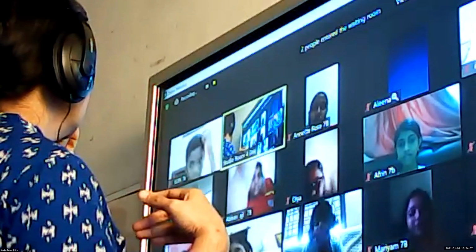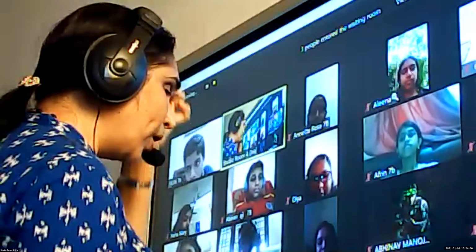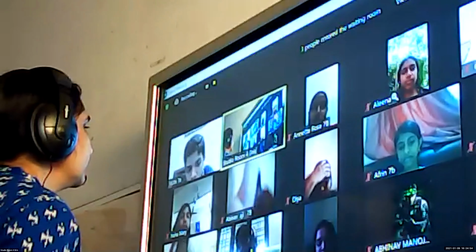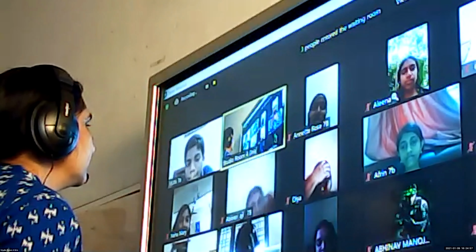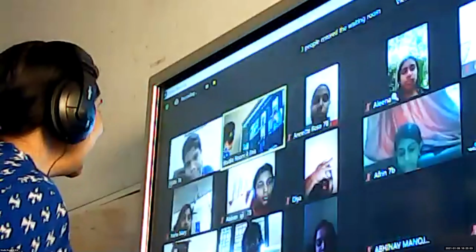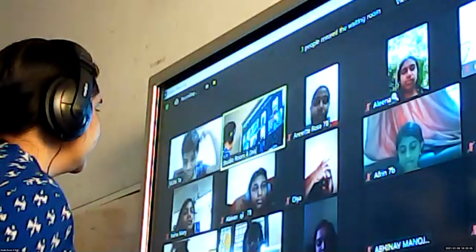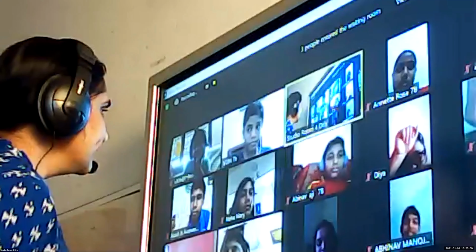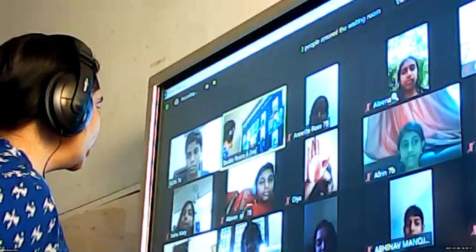How many components are there for the blood? Neha Mary, how many components are there for the blood? 2. Which are they?